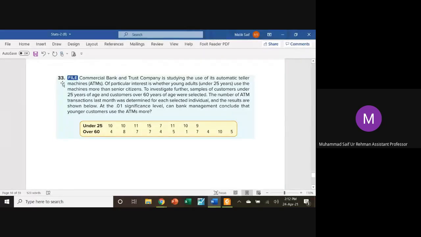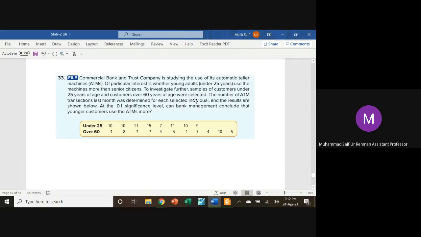Commercial bank and trust company is studying the use of its automatic teller machines. Of particular interest is whether young adults under 25 years use the machines more than senior citizens. To investigate further, samples of customers under 25 years of age and customers over 60 years of age were selected.